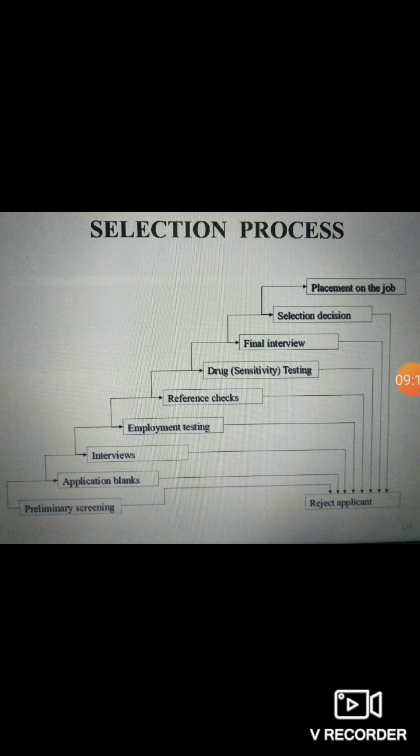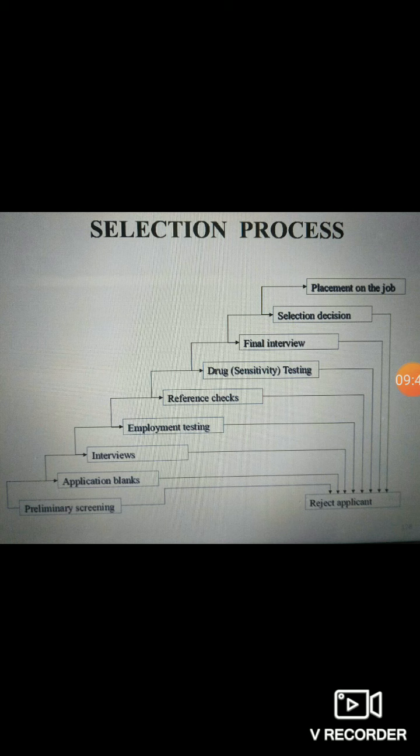So to the tune of 50 to 75% rejection we allow here, and the rest of the people will be taken to the next stage, that is reference check. Many a time if you have gone through an application blank, there will always be an item asking for reference details.